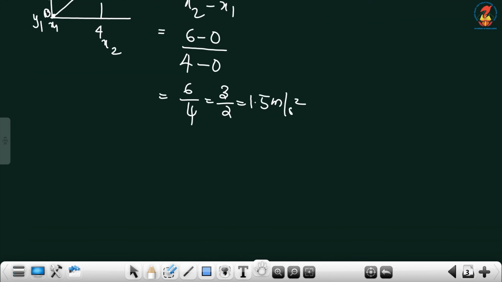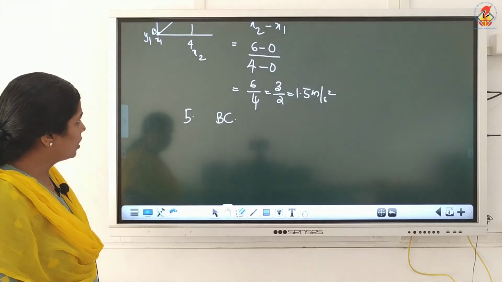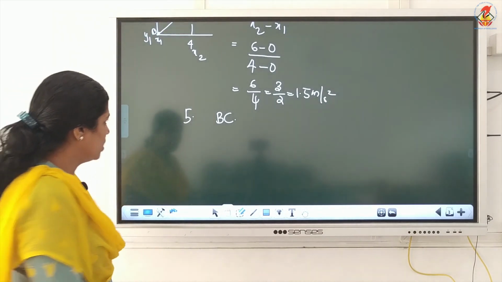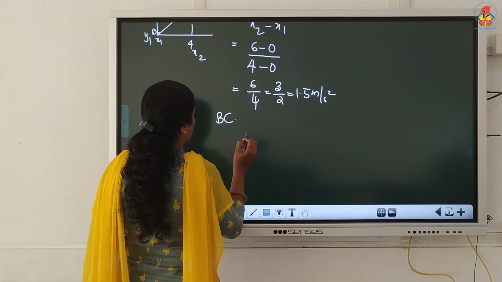Now, which portion of this graph shows retarded motion? That is BC. You can find the retardation. I will just write it like this.